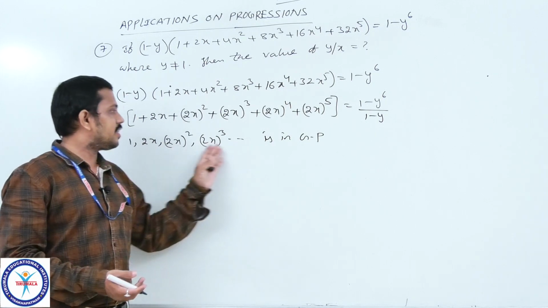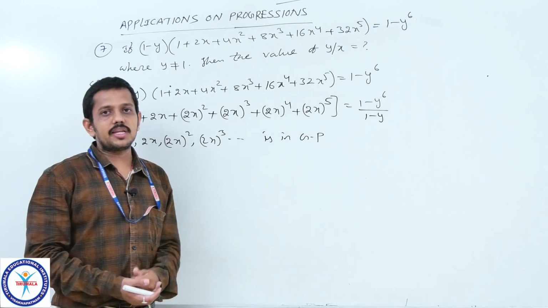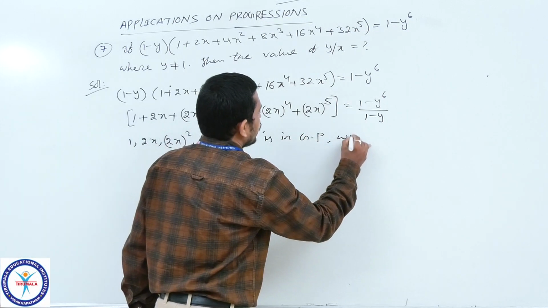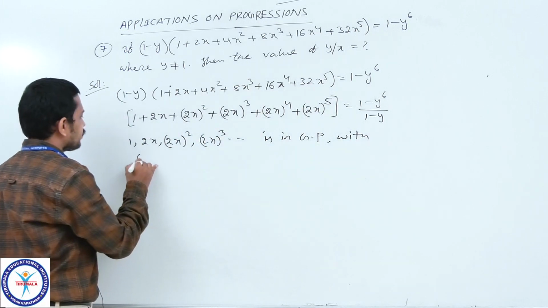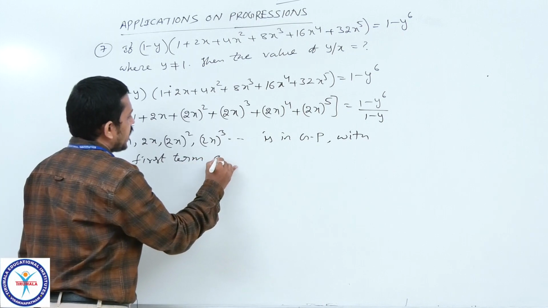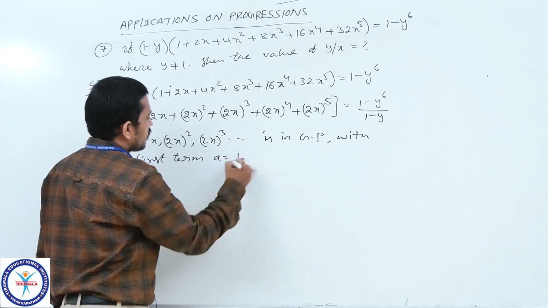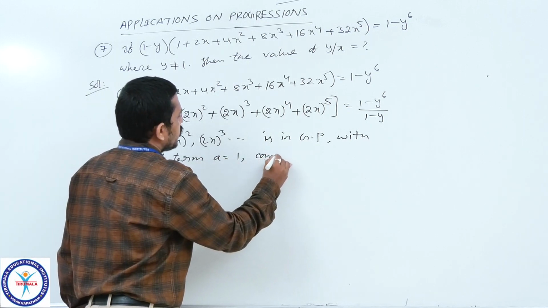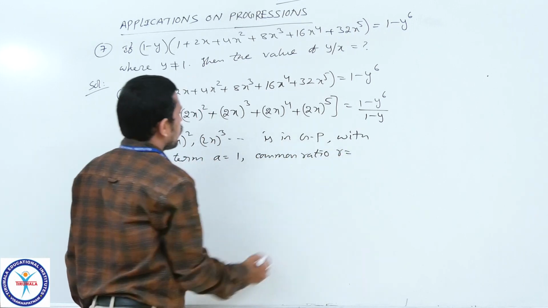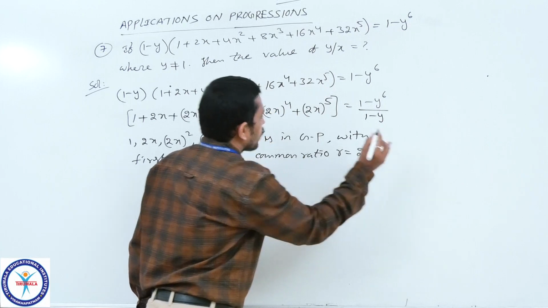So here it is in geometric progression with first term a equal to 1 and common ratio r equal to 2x.